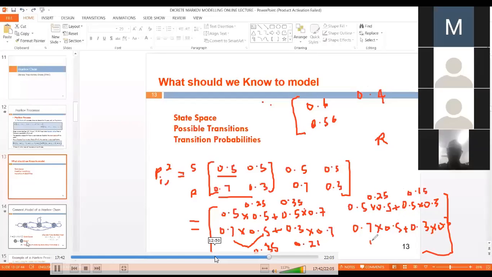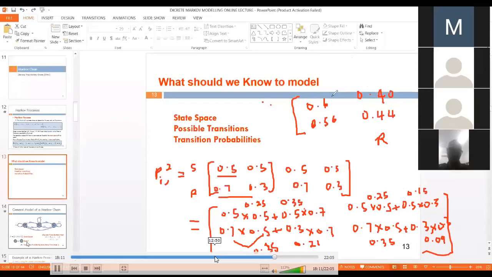And this will be 0.35. And the last one will be 0.09. Okay. So when we add the two, that should give us what? 0.44.